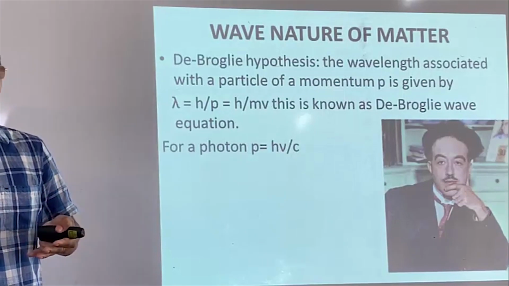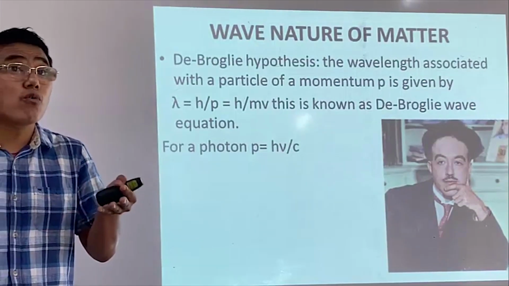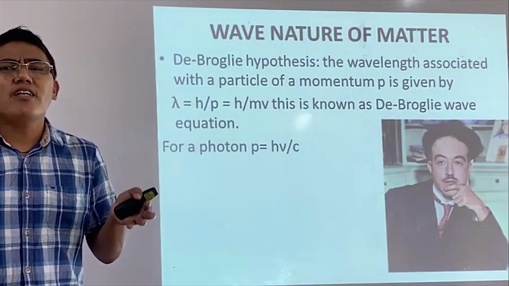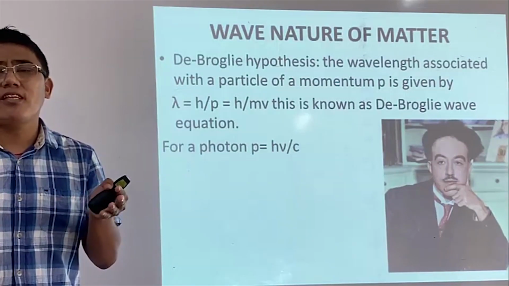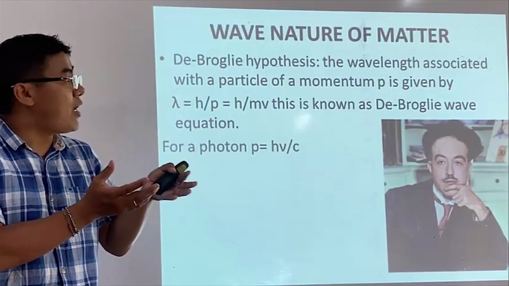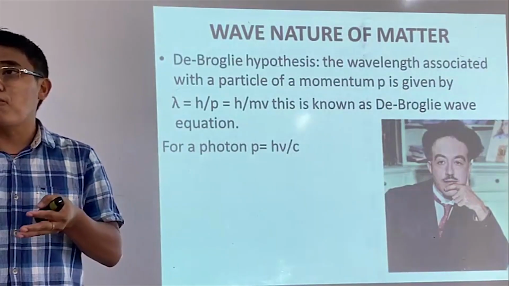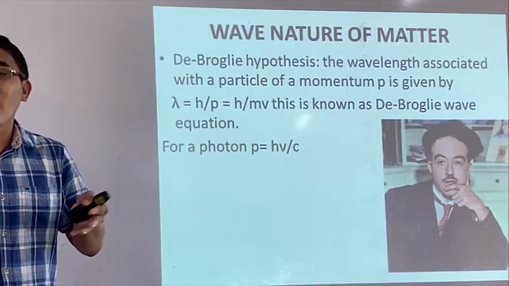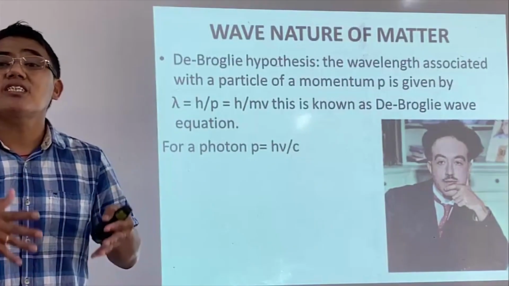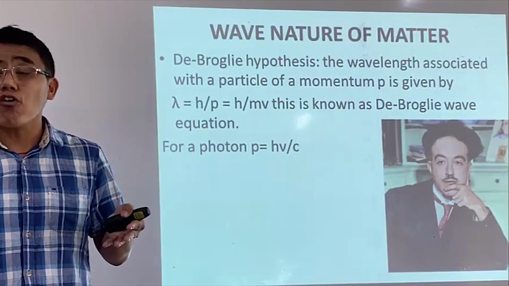And the question is, why don't we see, for a moving ball, the wave nature? Yes, it is a very, very small wavelength. The wavelength is beyond our observation. So where is this concept applicable and significant? The answer is, it is very much significant for subatomic particles. Let's say electrons, let's say protons.